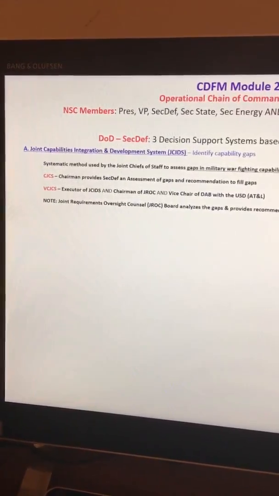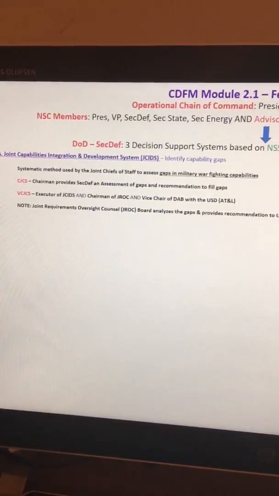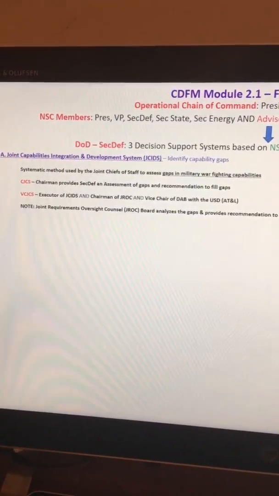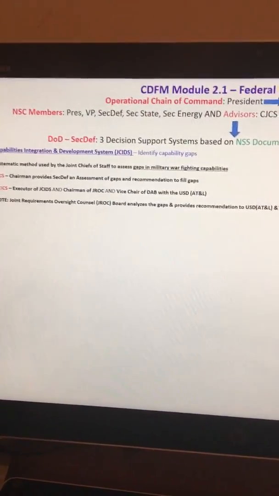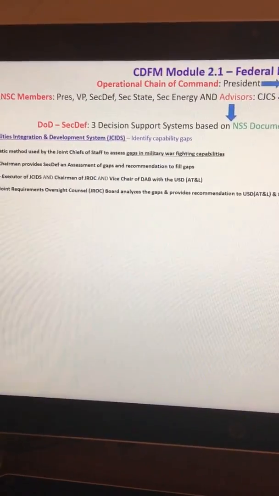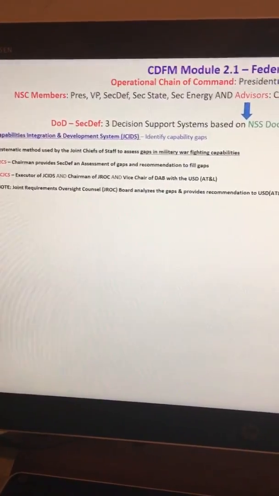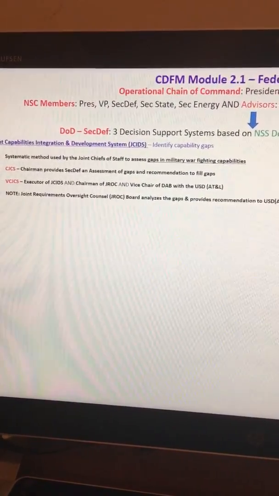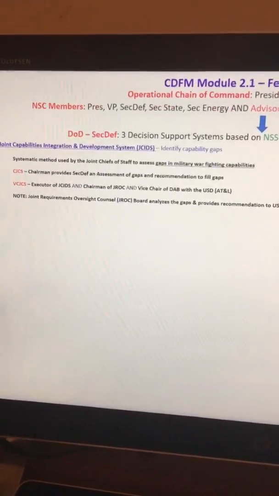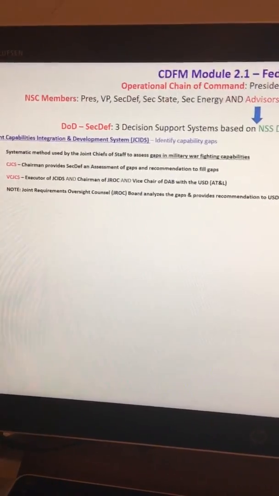That is your JCIDS. The systematic method used by the Joint Chiefs of Staff to assess gaps in military warfighting capability. So now knowing what the defense strategy is, the military has to determine what the military strategy is going to be and identify if there are any capability gaps that will stop us from meeting that capability that is necessary to fill that gap.